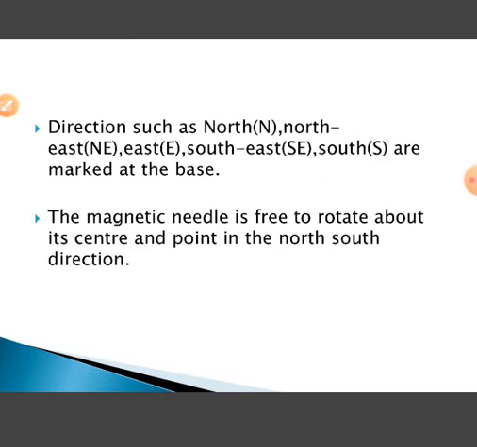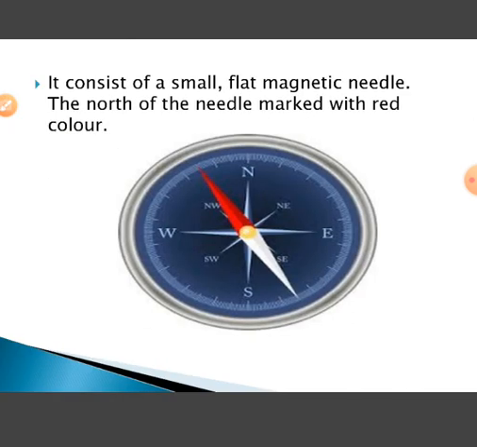Directions such as north, northeast, east, southeast, south are marked at the base. You can see it here. You have the north here, then northeast, east, southeast, south, southwest, west, northwest, then coming back to the north.